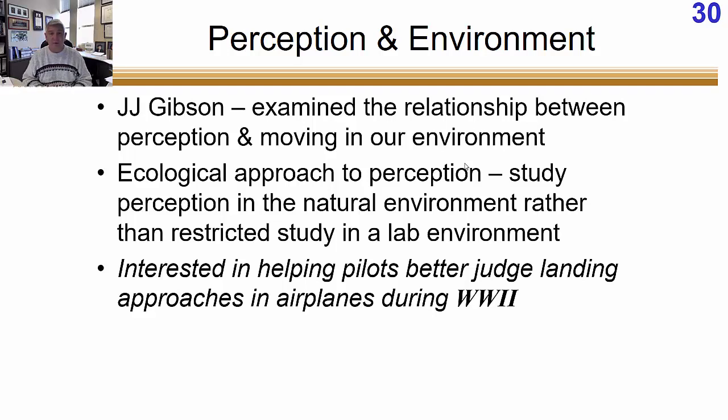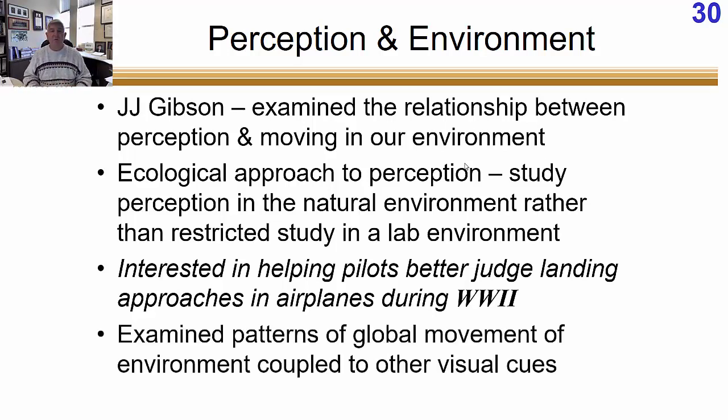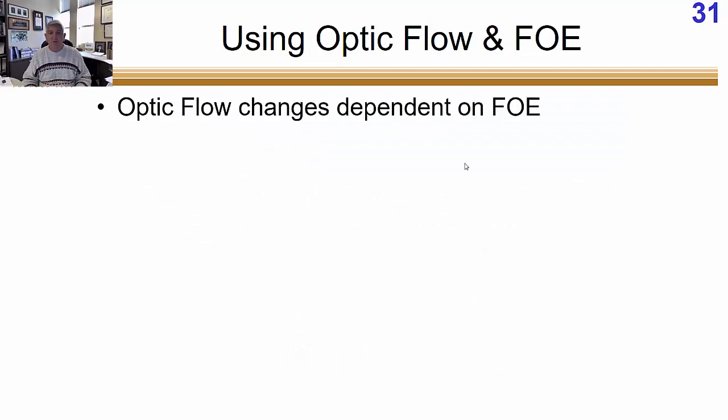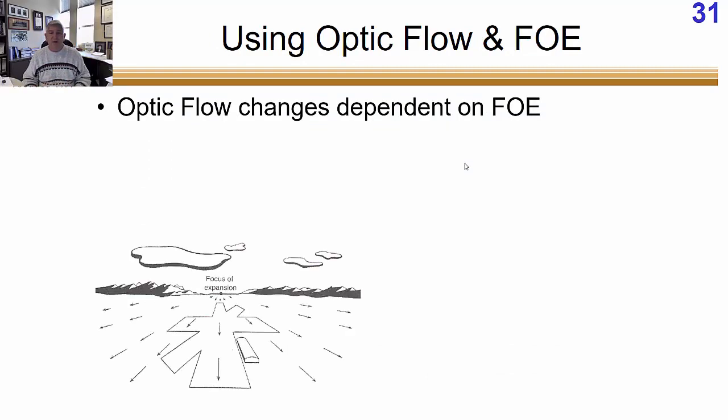So it was pretty much visually based. And he wanted to help pilots learn how to better judge landing approaches in airplanes. So he was looking at global movement of the environment and how pilots could learn heuristics to help them land more safely, right? So optic flow is going to change depending on where your focus of expansion is.